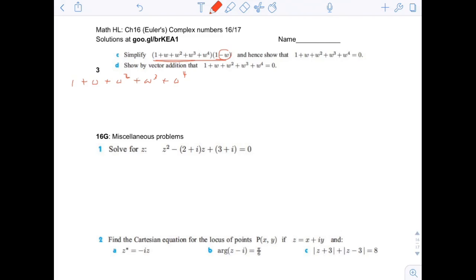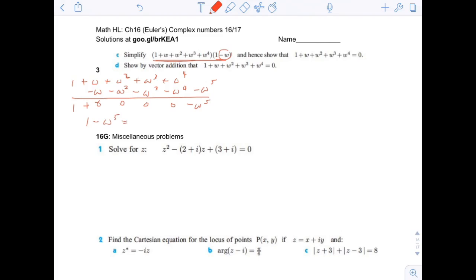So it'll be minus omega times 1, minus omega times omega, minus omega times omega squared, minus omega times omega cubed, and minus omega times omega to the fourth, which would be minus omega to the fifth. And then if we add all these together, all these will cancel out, and the first term and the last term will remain. And we have 1 minus omega to the fifth.